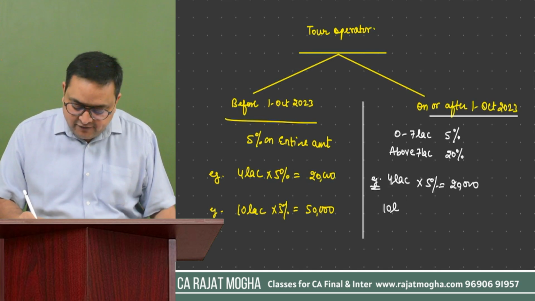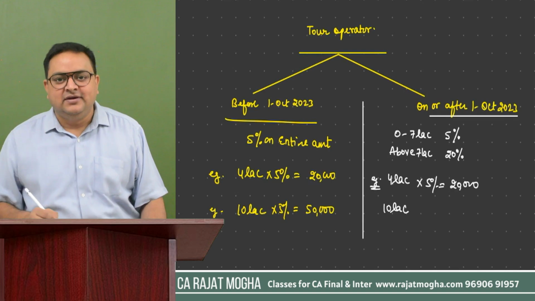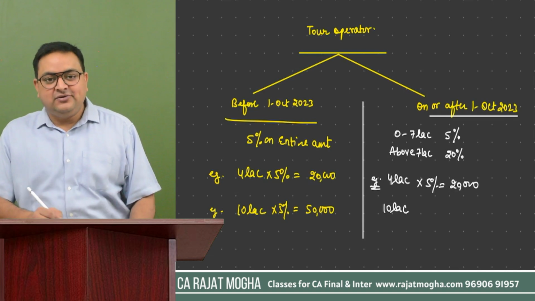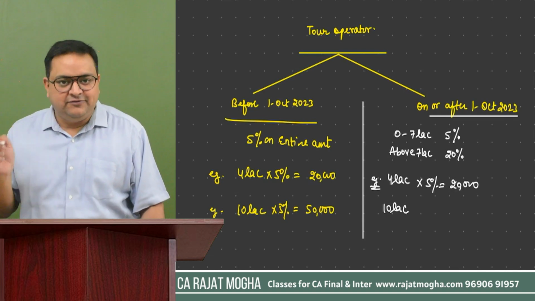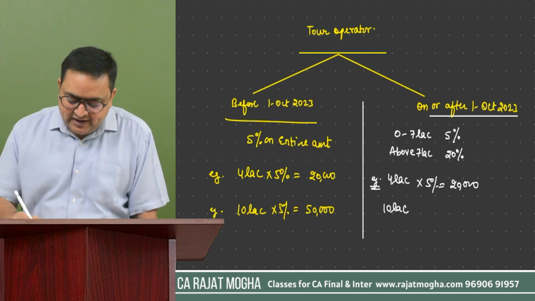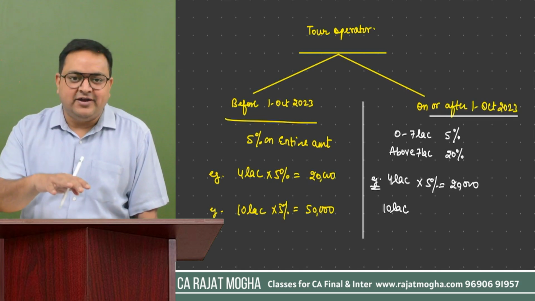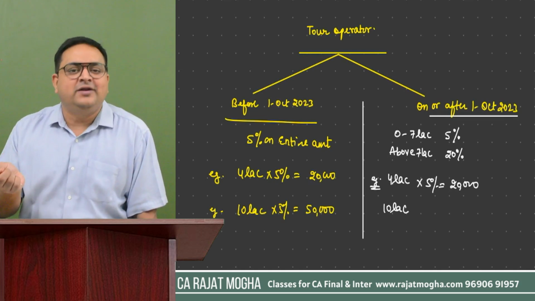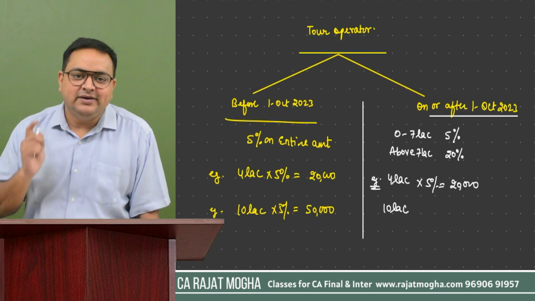But if the value of that tour package is 10 lakh rupees, then how much extra TCS do you have to pay? Because this date is on or after 1st October 23, right? So on the first 7 lakh, you have to pay 5%. And on the excess over 7 lakh, you have to pay 20%.